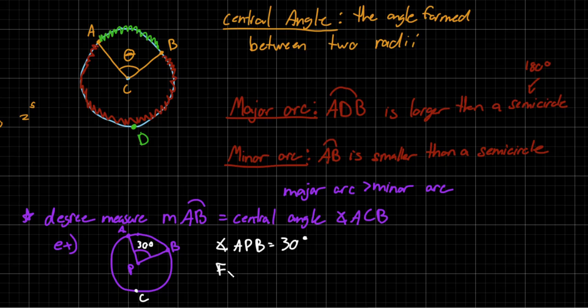I want you to find the degree measure of AB and the degree measure, so that's m, of ACB.